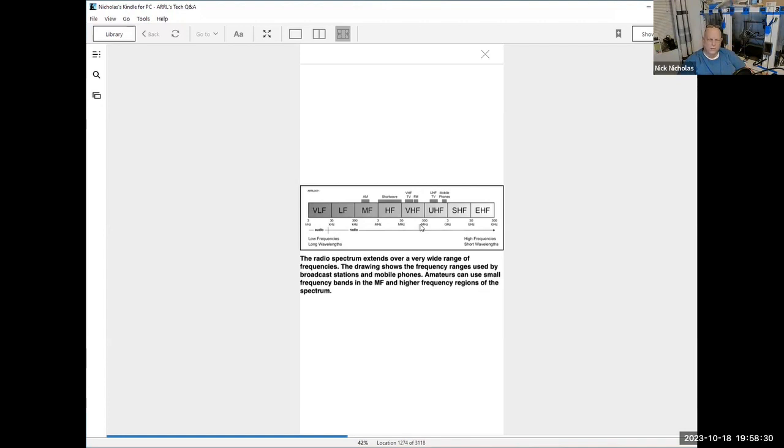That's in that region. The 440 or 23 centimeters band, all the way up to 3 gigahertz. That's where the UHF or ultra high frequencies are.